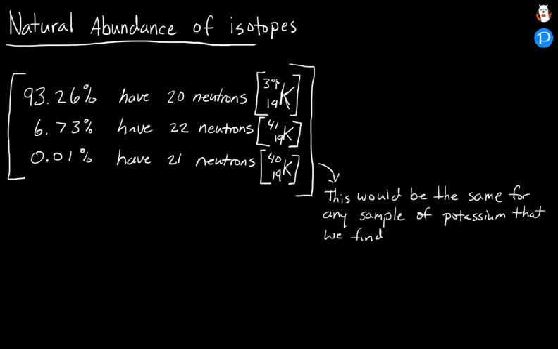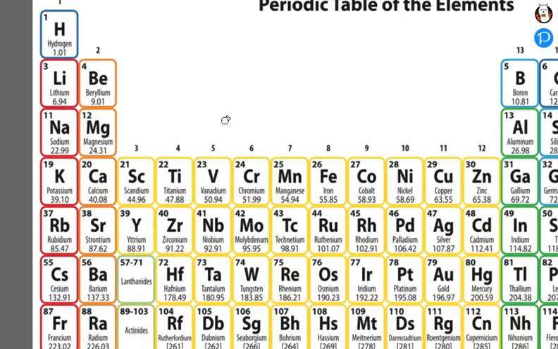Okay? Now here's the thing. So here are the masses, right? I've got a mass of 39, a mass of 41, and a mass of 40. Those are the different masses that I can have for potassium. But what do I write then on the periodic table? Because if I look at the periodic table, it lists two numbers. It gives me the number of protons, and it gives me the mass, which is how many protons and neutrons added together.